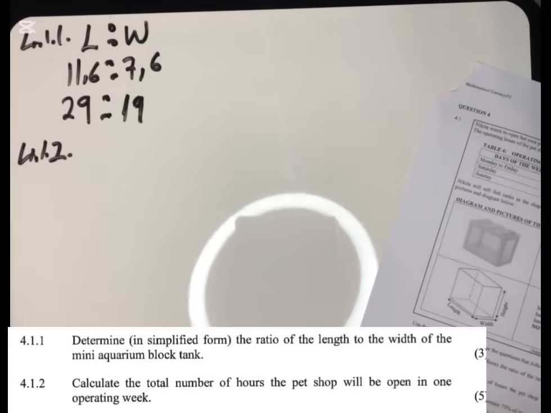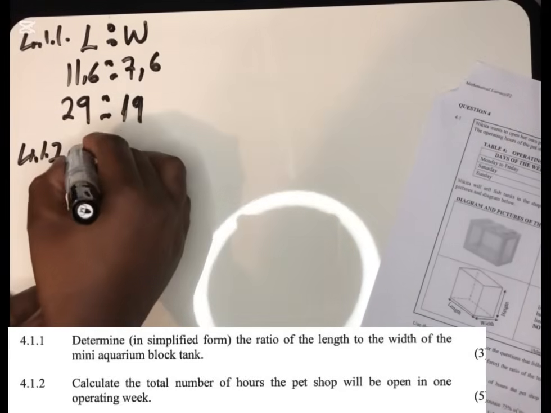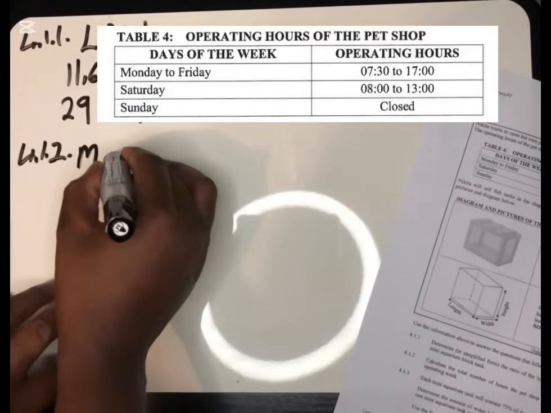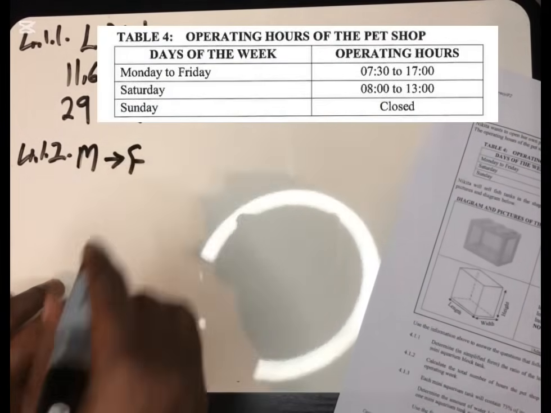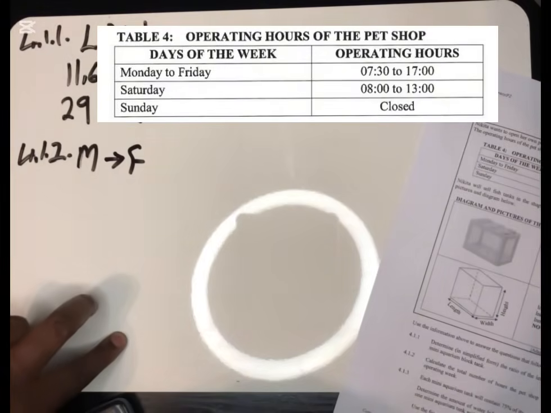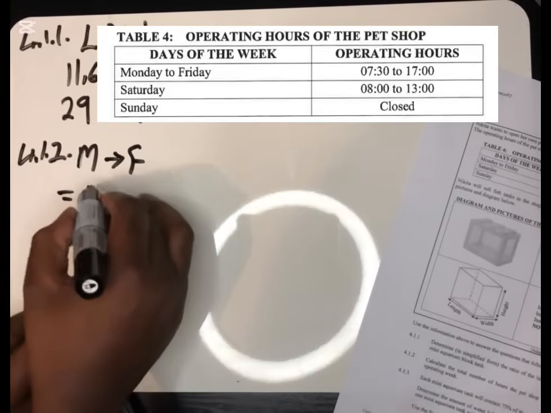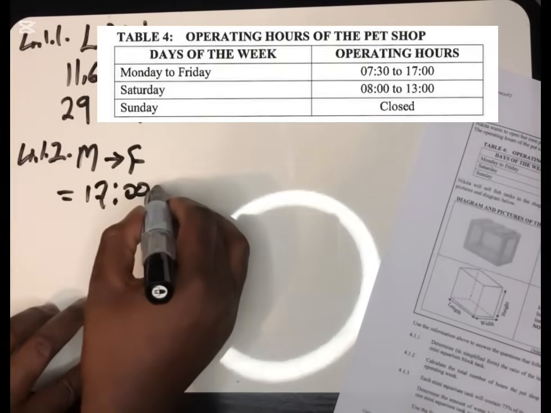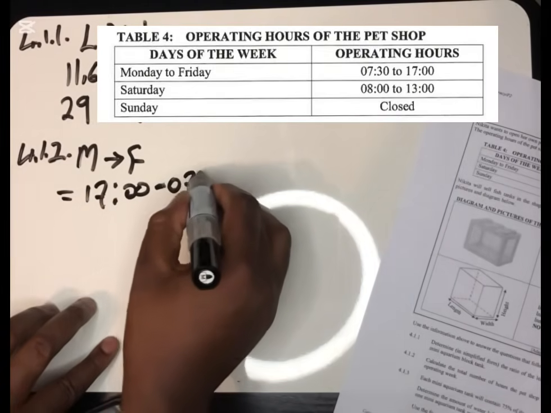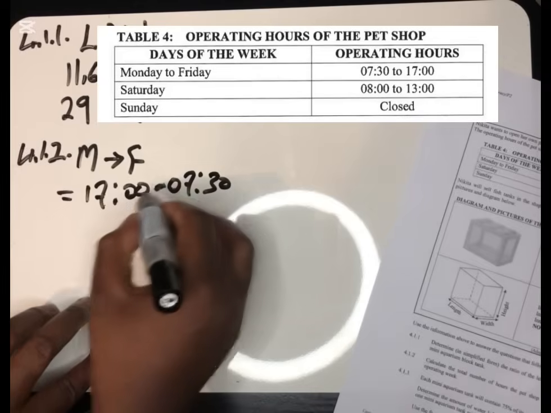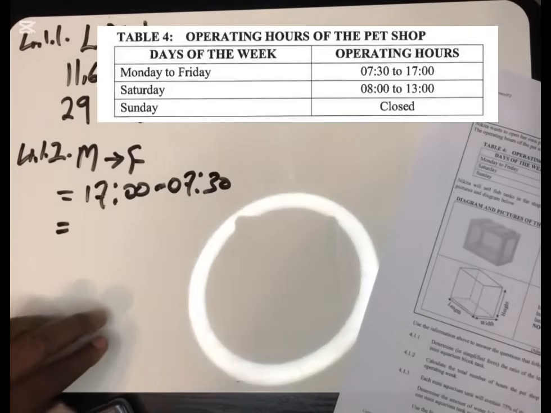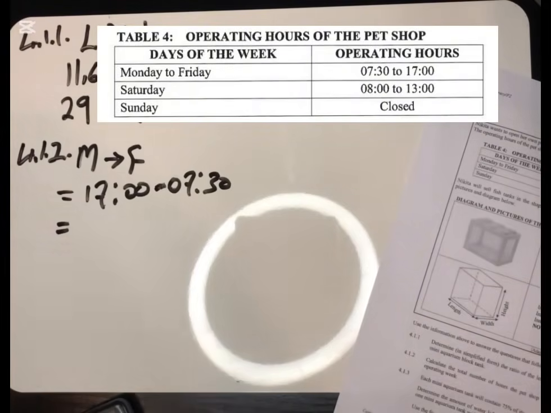From Monday to Friday, it is 7:30 to 17:00. So we say 17:00 minus 07:30. Then we use a calculator to find the number of hours and minutes it operates.